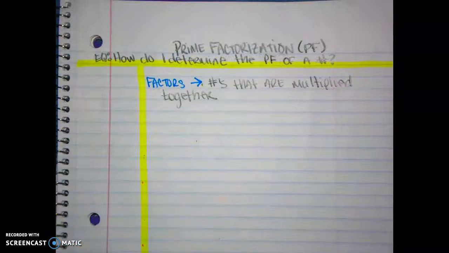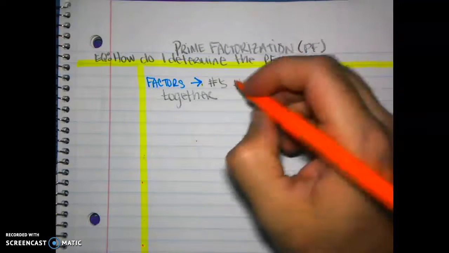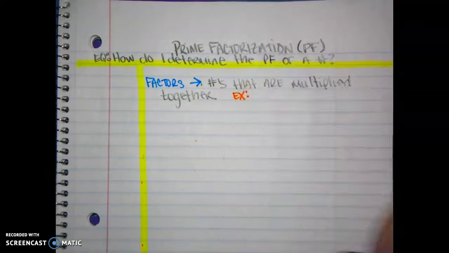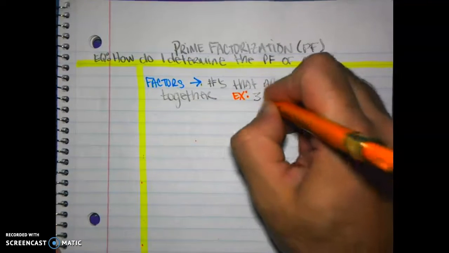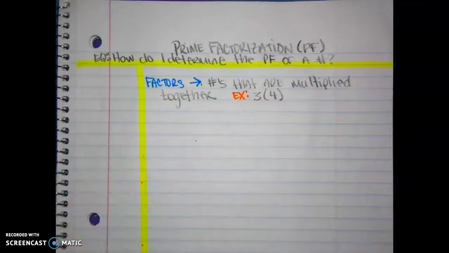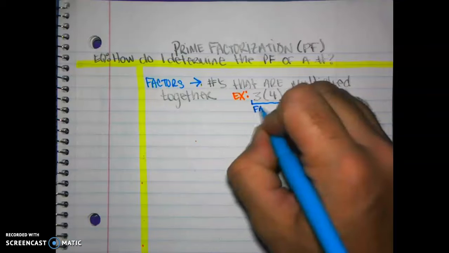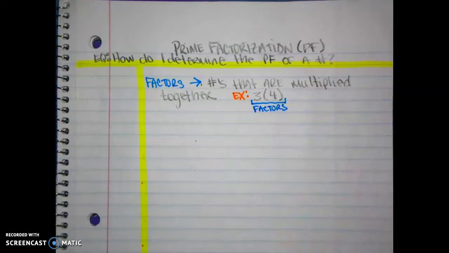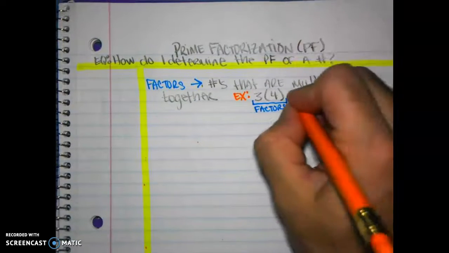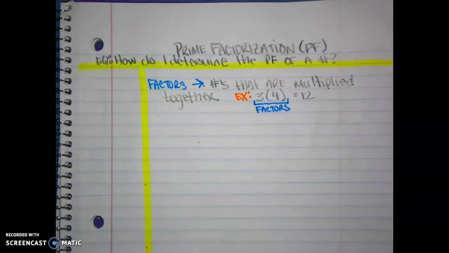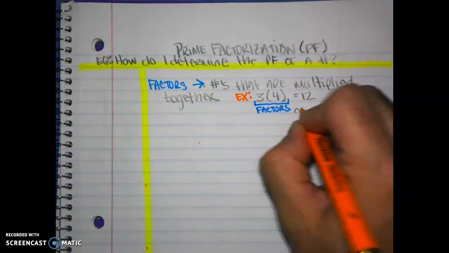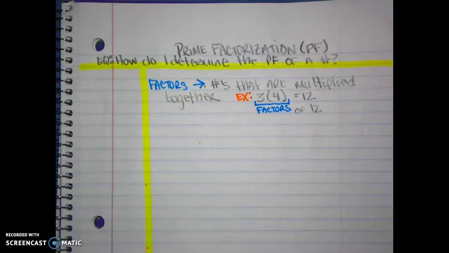For example, if I set up an example, let's do 3 times 4, all right? Those are going to be your factors, and those are factors of 12. So 3 and 4 are factors of 12.